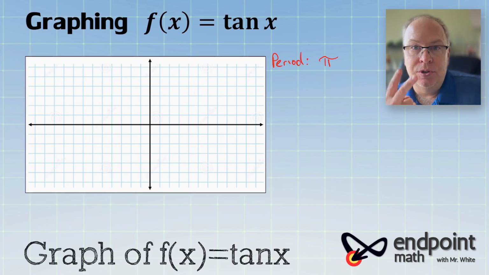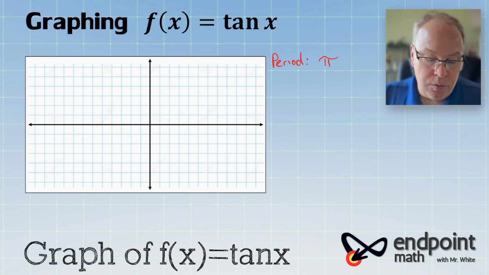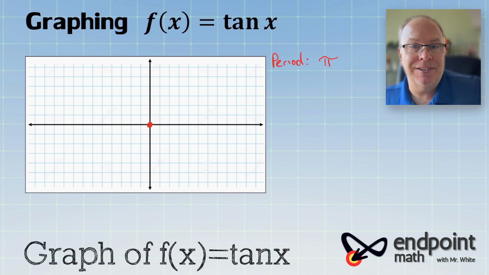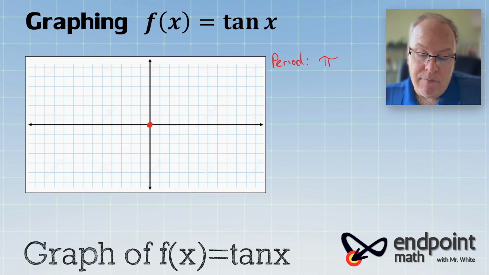Tangent has 2 asymptotes, and they're on either side of 0. So the tangent curve goes through 0, 0 normally. Just like sine starts at 0, 0, tangent goes through 0, 0. All right? However, we are going to go a half of a pi this way.